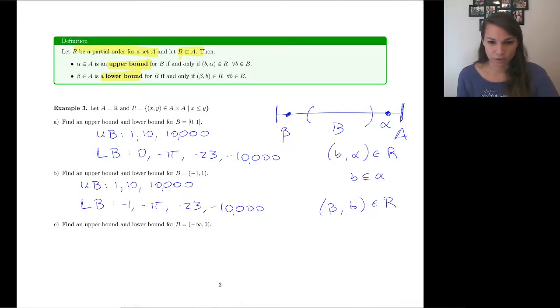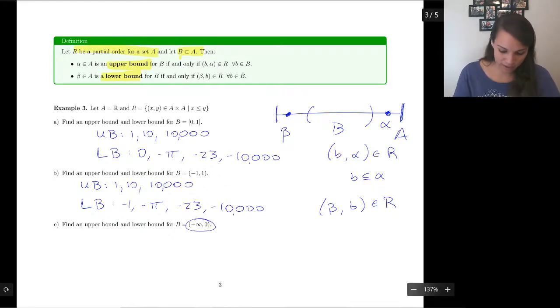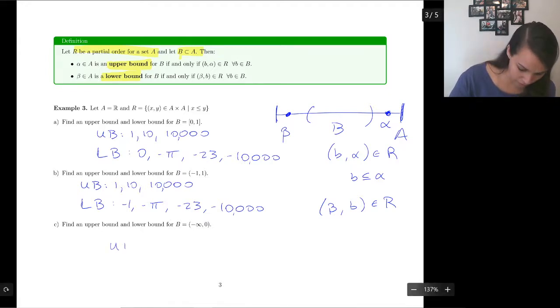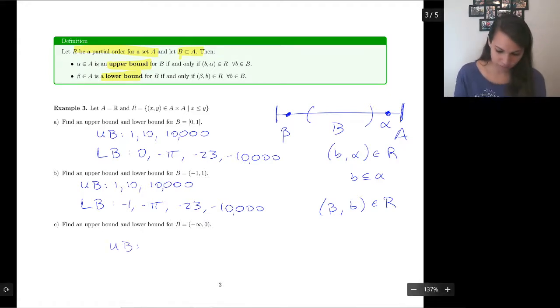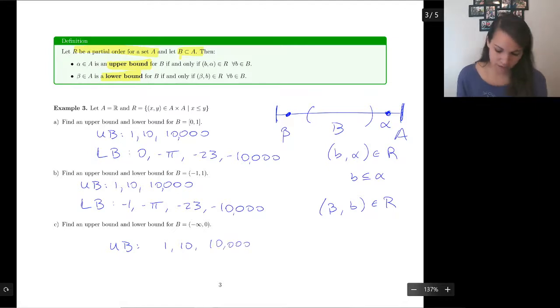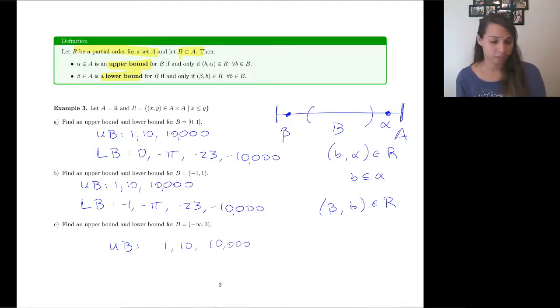Now we're going to do upper bound and lower bound for B, where it is negative infinity to 0. So for the upper bound, I'm going to steal all of our upper bounds from before, actually. Those are all upper bounds because they're all bigger than negative numbers.